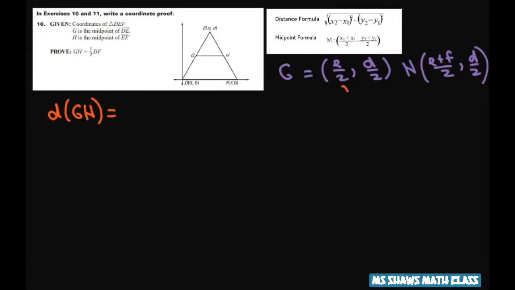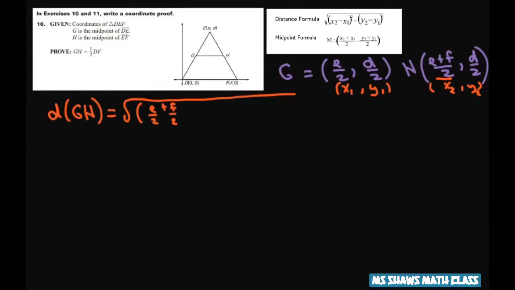And here's your X's and Y's. Okay, so the distance is going to be your first X. I'm just going to use this one first. So I'm going to call this one my second, and these will be my first. All right. So I'm going to use E plus F divided by 2, and I can rewrite it like that.